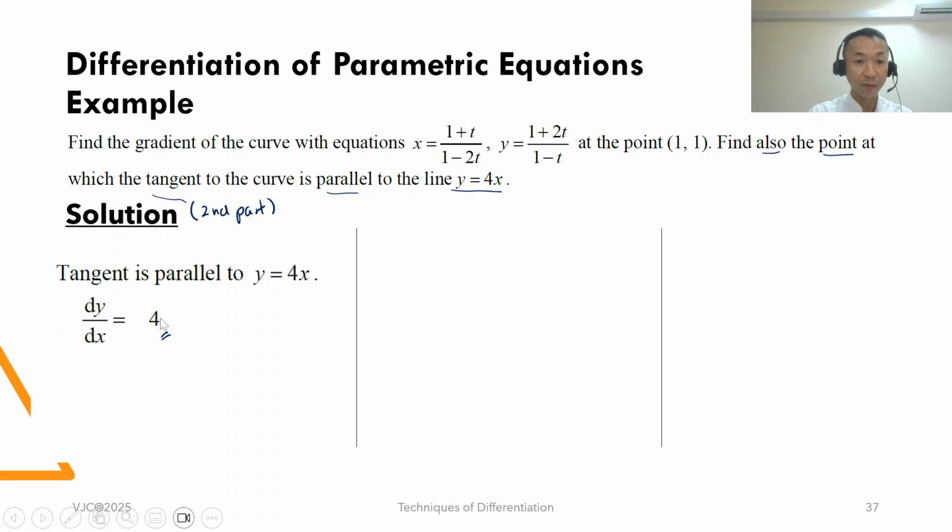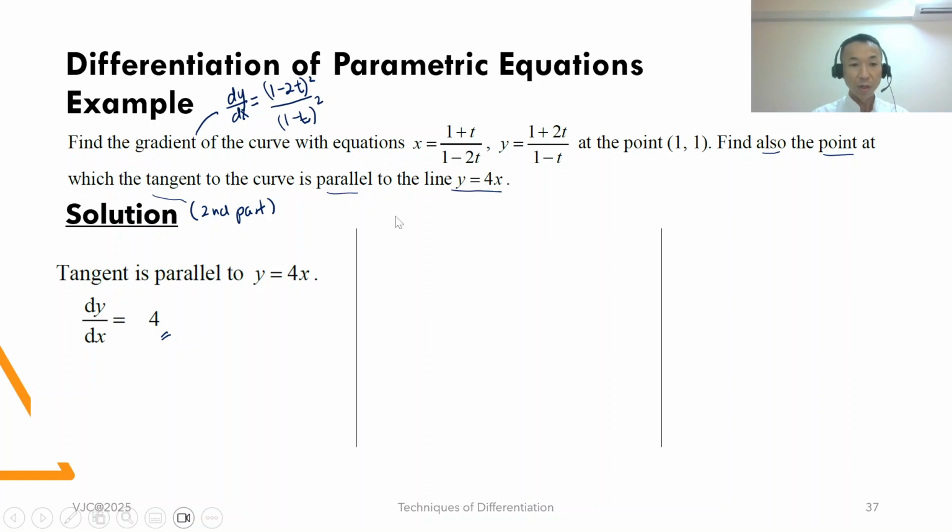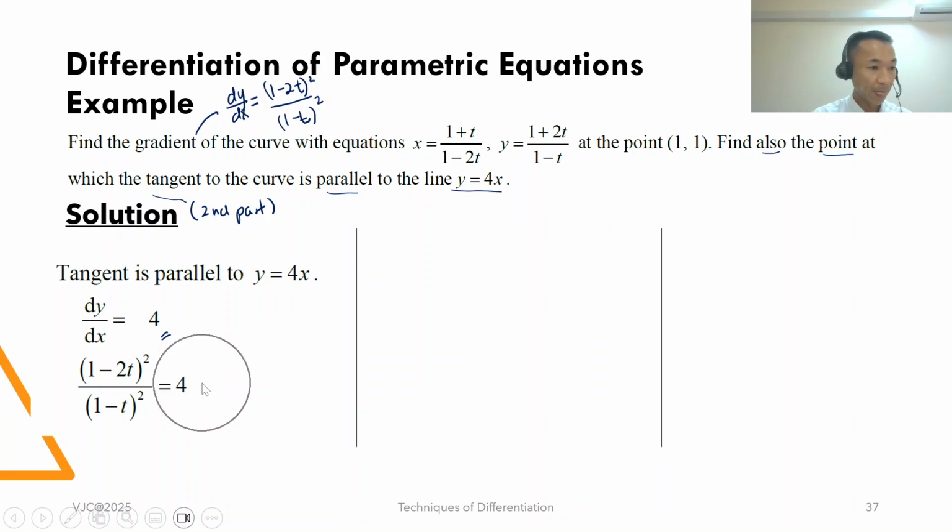Recall from the first part, we have done the hard differentiation. Your dy/dx from the earlier part was (1 minus 2t) squared over (1 minus t) squared. So we equate that to 4. Then we try and solve.